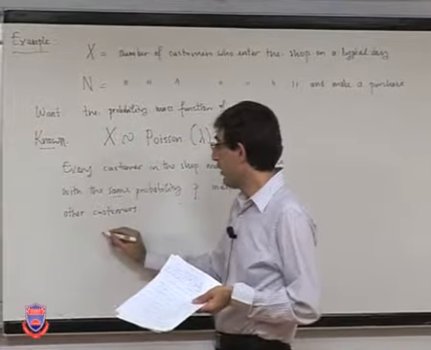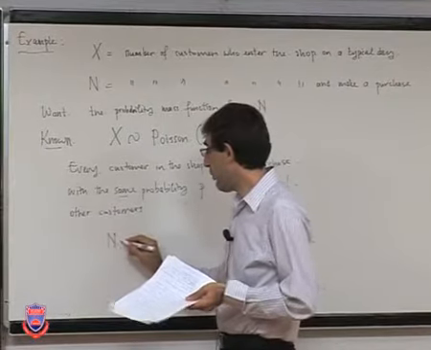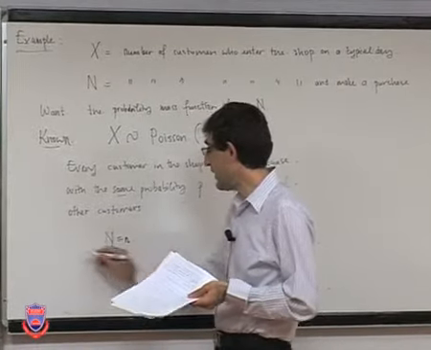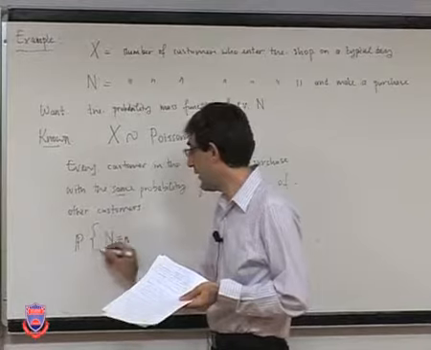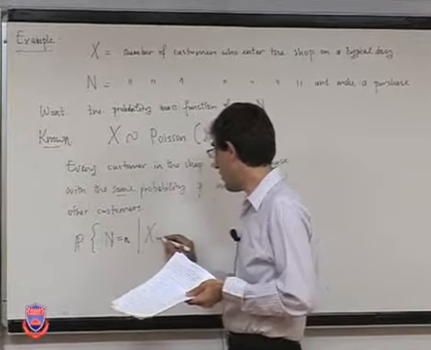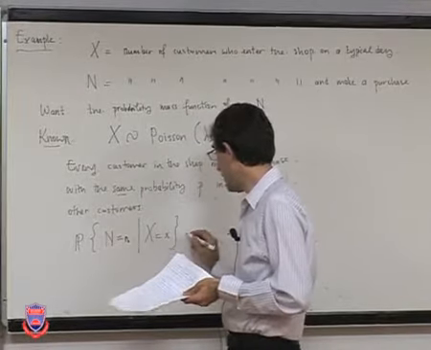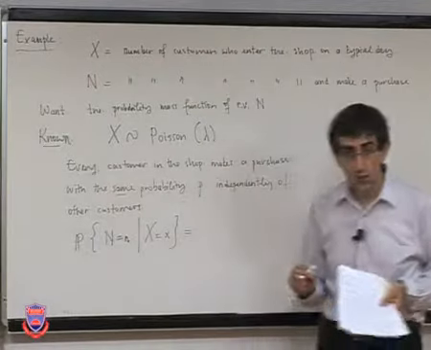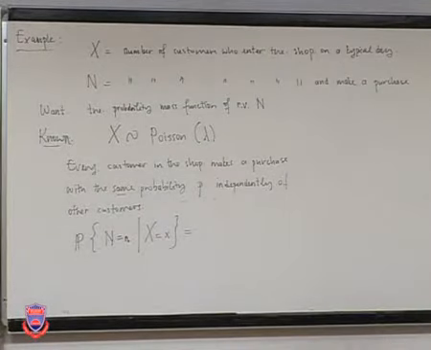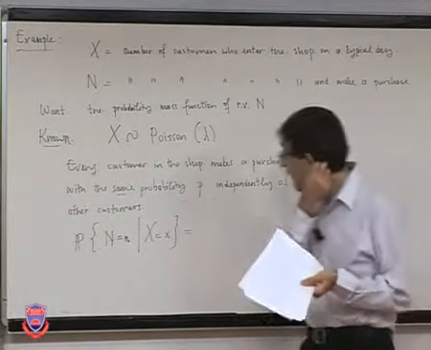Now, for example, the probability that N equals little n, if you condition on the total number of customers who are already in the store, should be what, according to this statement?